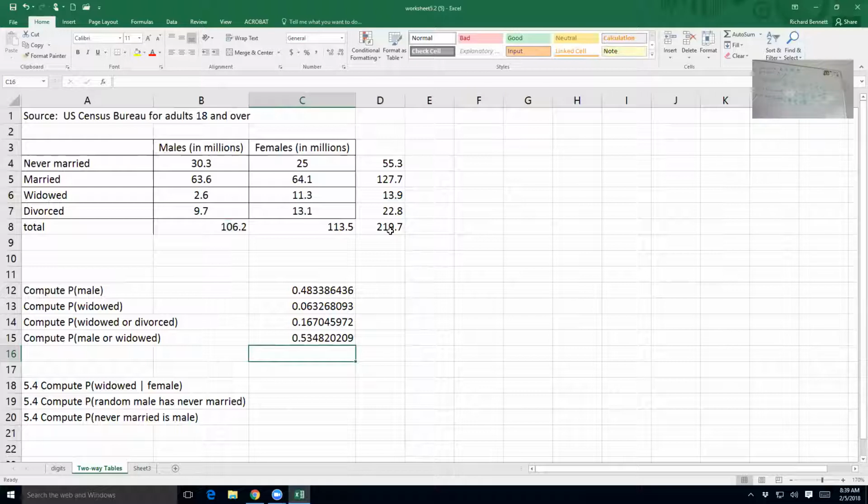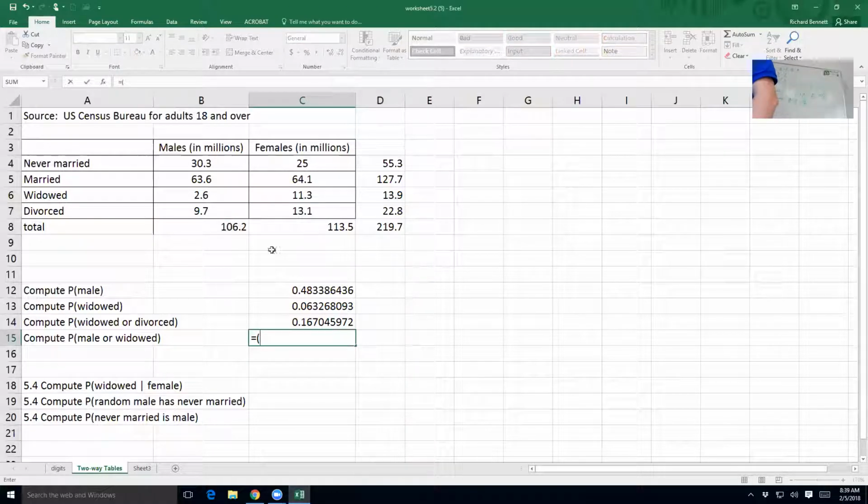That last one was not disjoint. Yeah, we did the total of the males, which was 106, plus the total of the widows, which was 13.9, minus what I double counted, which was the 2.6. Close my parenthesis, divide by my grand total.